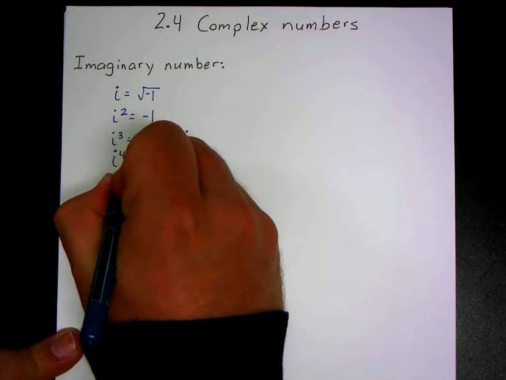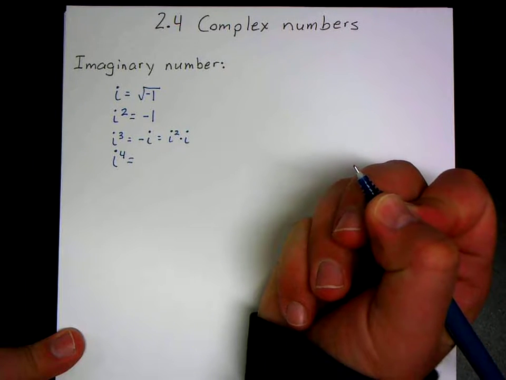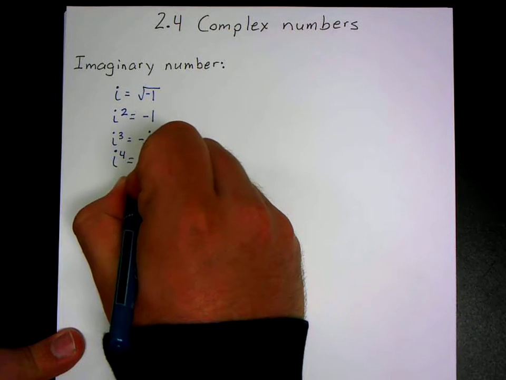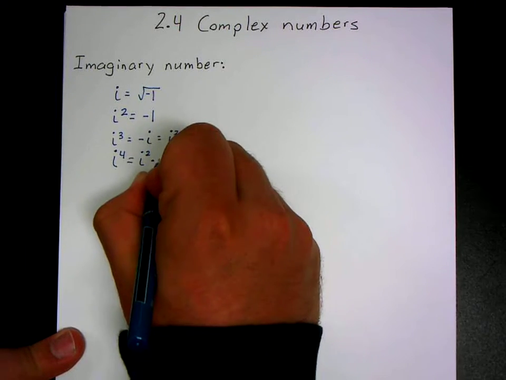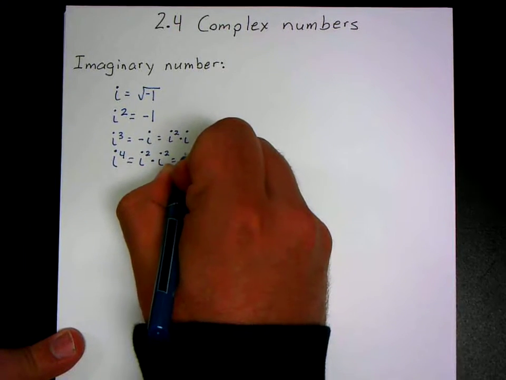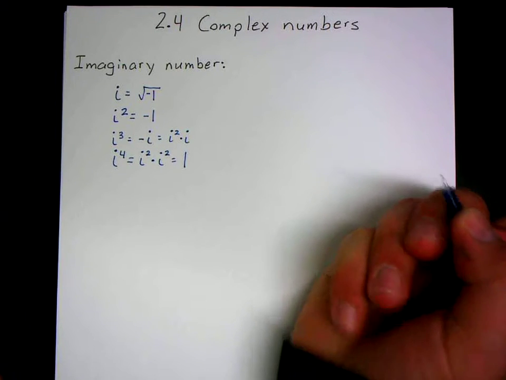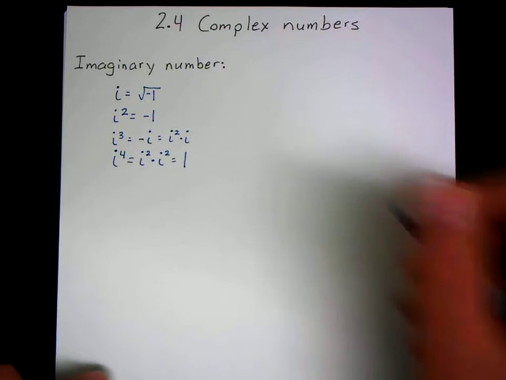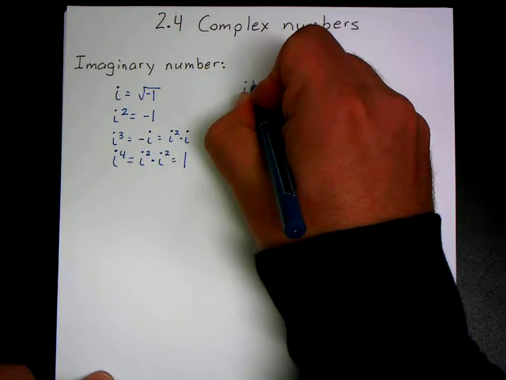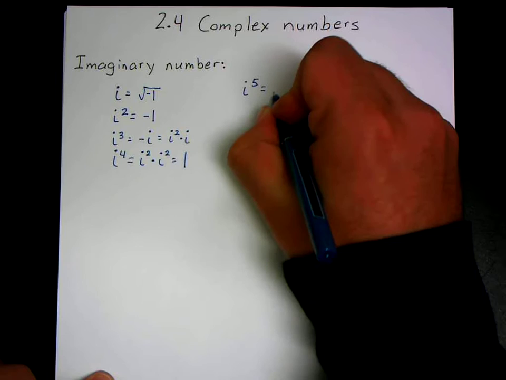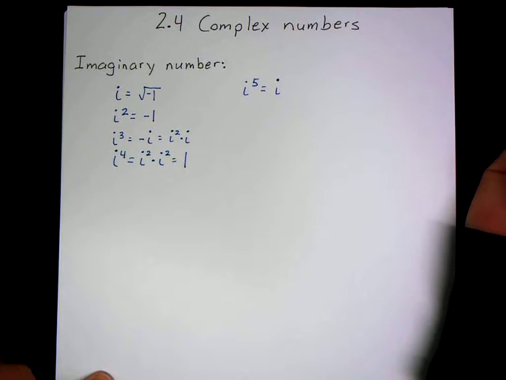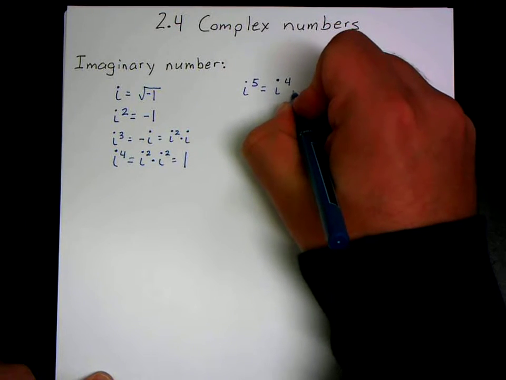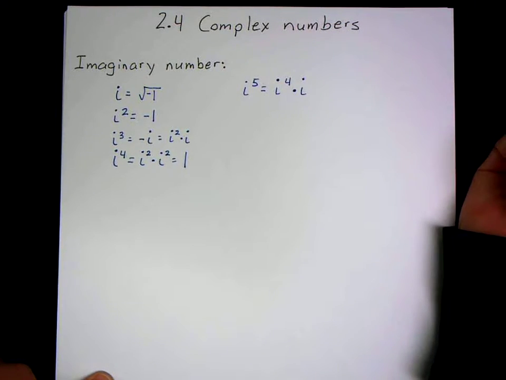So what's i to the fourth? 1. Because it's i squared times i squared, so it would be 1. So how about i to the fifth? It's i because you could write it like this: i to the fourth times i. i to the fourth is just 1, right?